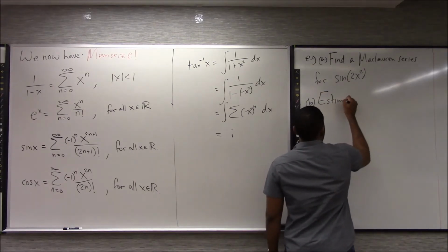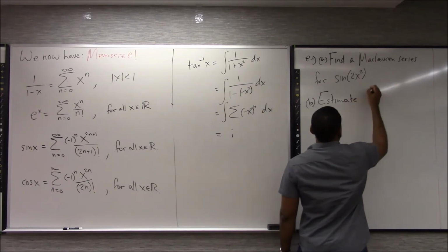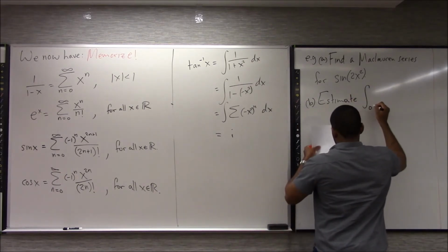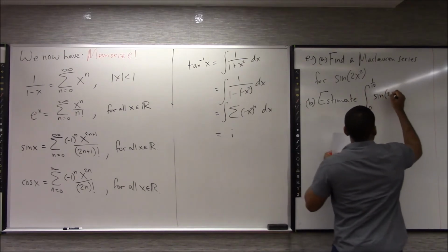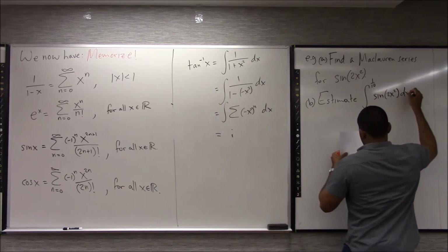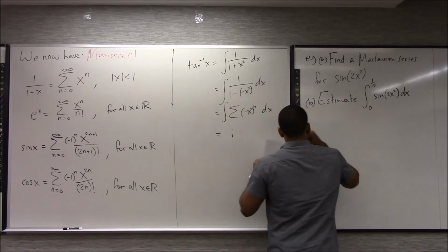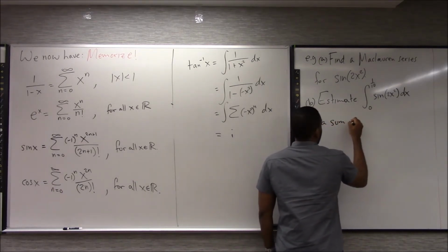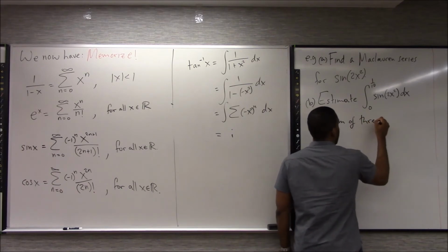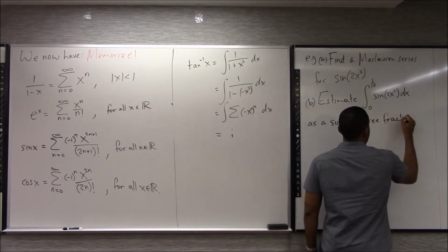B. Estimate the integral from 0 to 1 over 10 of sine of 2x squared dx as a sum of 3 fractions.